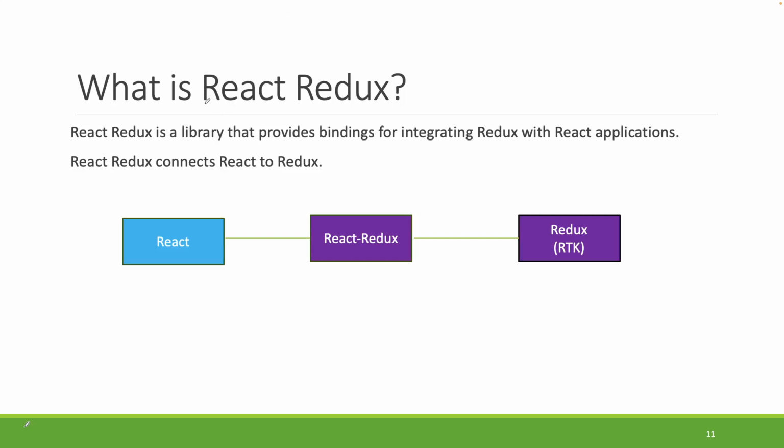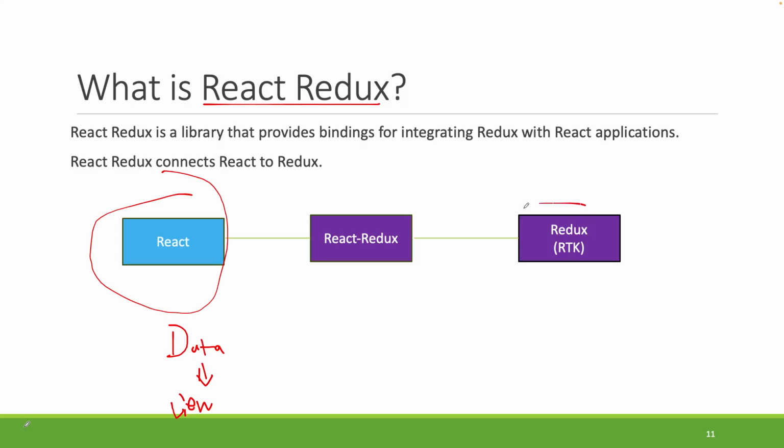And what is the React-Redux? We have React, okay? React is what? You give me data, and I will help you render the view. This is React. Redux is what? I only help you to maintain the state, which is data.